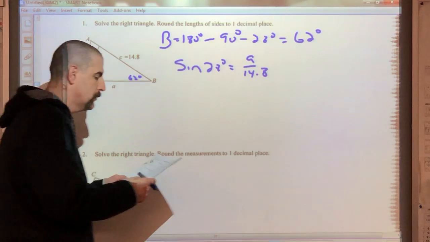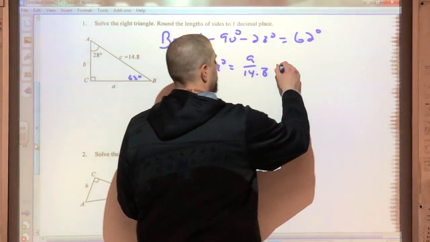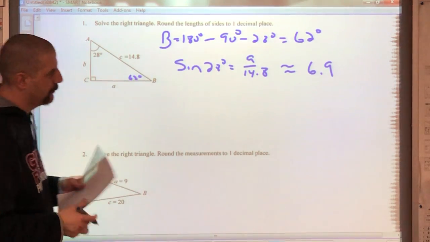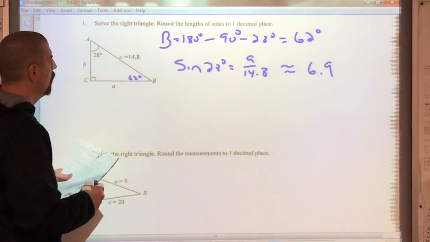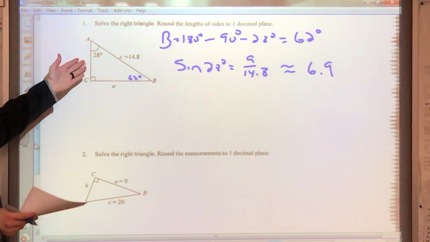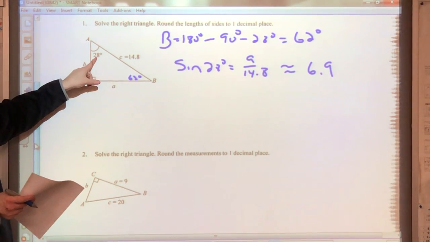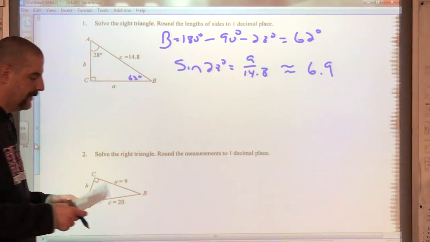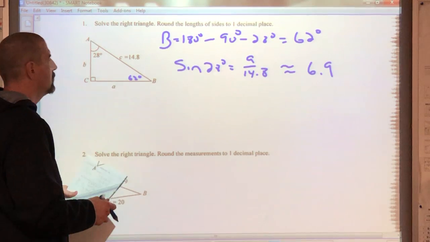Okay, welcome back. If you solved correctly, you're going to end up with approximately 6.9. And again, they don't give us units, so 6.9 is fine. So now we're going to go ahead and find B. When you find B, again, you can use the 62 or the 28. I'm going to go ahead and use the 28. So we have adjacent over hypotenuse, which is cosine.